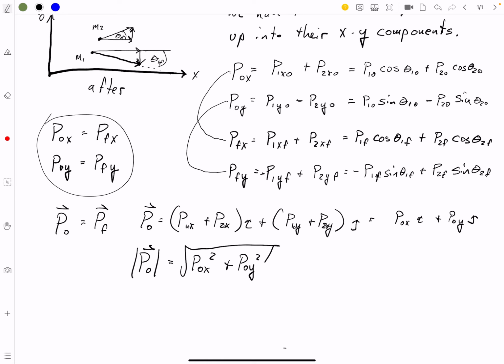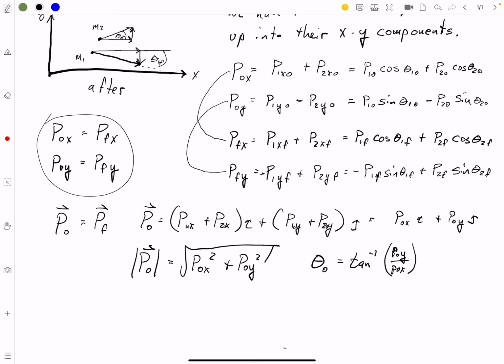That's one thing. What about the angle? The overall initial angle is going to be the arctangent of P naught y divided by P naught x. Just like always, this is how we do it.